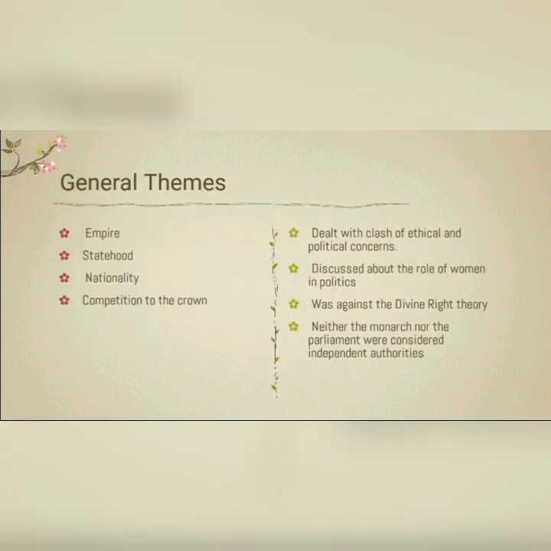Some of the general themes in these history plays were empire, statehood, nationality, competition to the crown, etc. It also dealt with the clash of ethical and political concern and discussed the role of women in politics. Against the medieval notion of the divine right theory of kings, it professed a monarch's duty to the people, where neither the monarch nor the parliament were considered an independent authority.